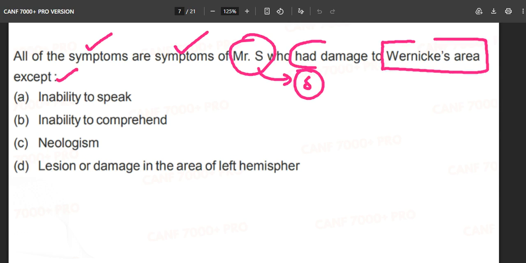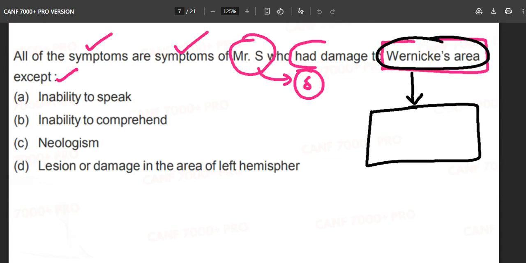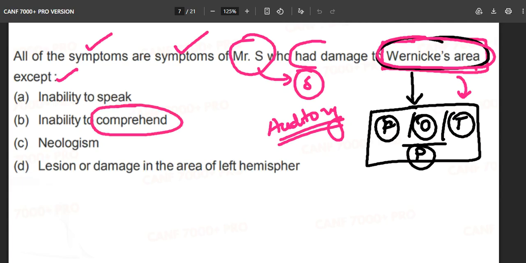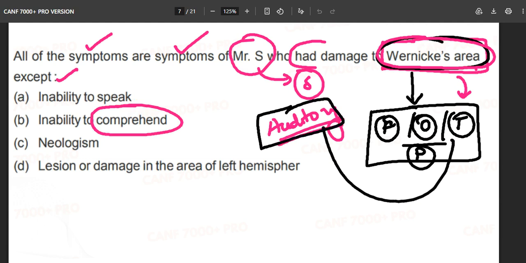First of all, try to recall where your Wernicke's area is located. It is located in which lobe? Frontal lobe, occipital lobe, temporal lobe, or parietal lobe? Pretty obviously it is located in your temporal lobe, adjacent to your auditory cortex. That is why you listen and comprehend at the same time, because your auditory cortex is also in the temporal lobe.